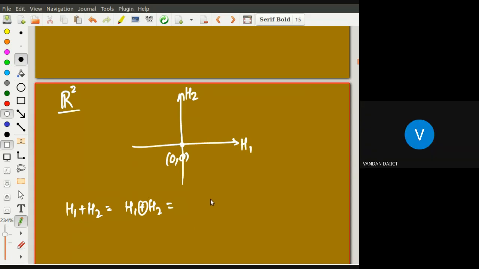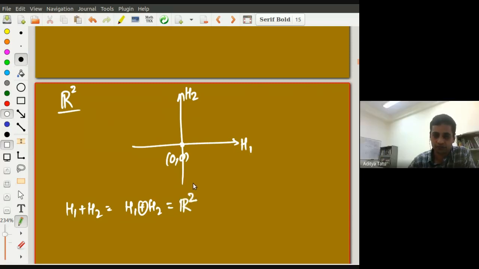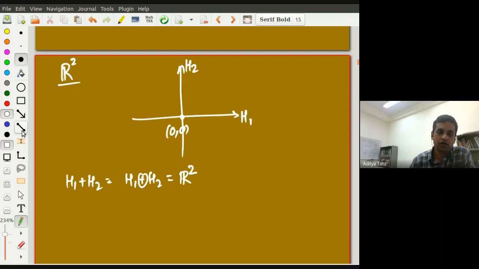The whole plane, the XY plane, so R2. How about if I take this as H3, the line x equal to y. That's my H3.